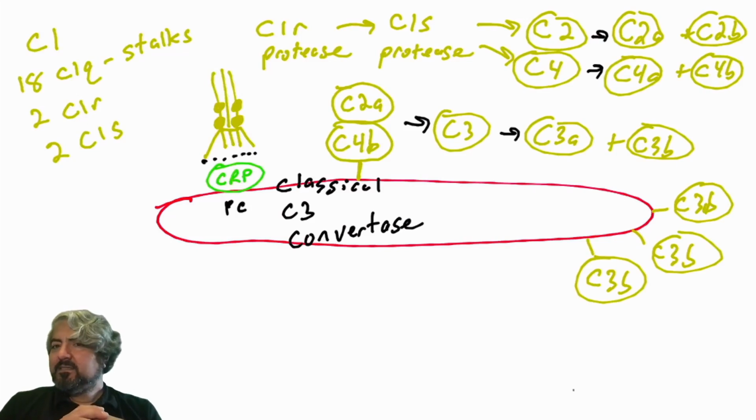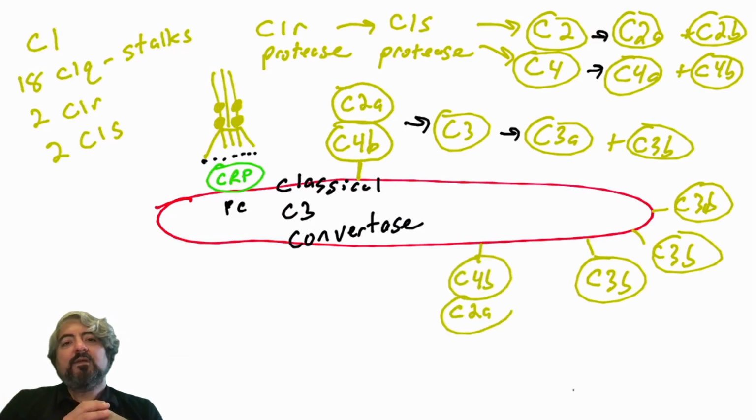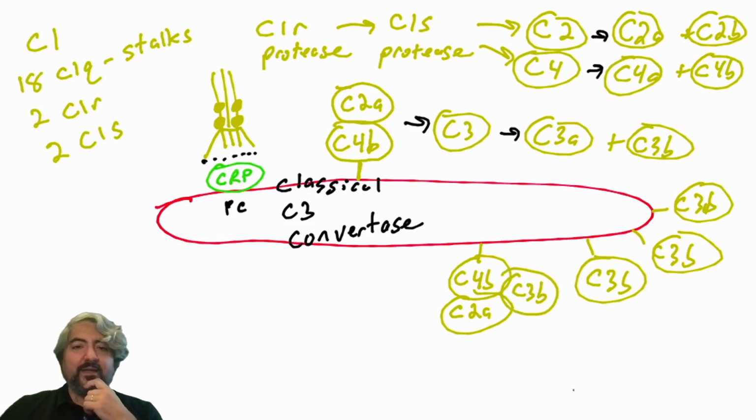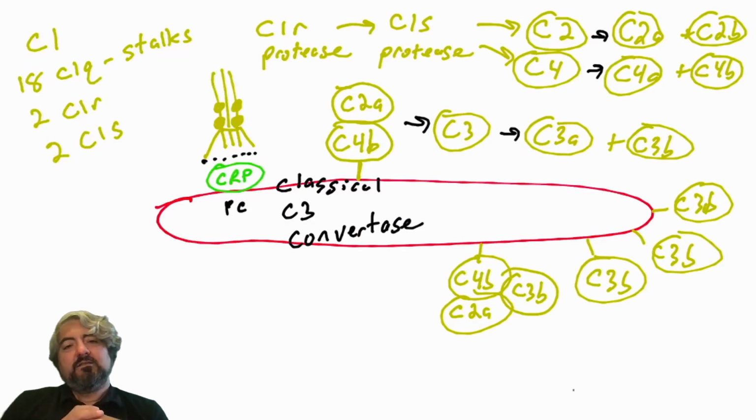Okay. Can we make the membrane attack complex? Doesn't that help get rid of pathogens? It does. If you recall, there was the alternative C5 convertase we made in the alternative pathway. Well, I'm here to tell you that we're going to make a C5 convertase in the classical pathway by joining a C3b to the classical C3 convertase.